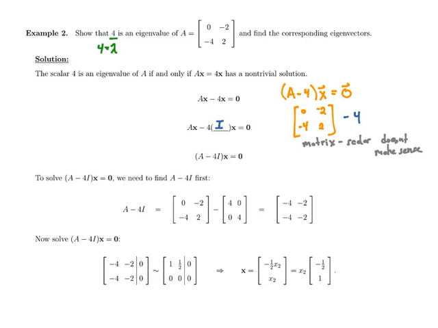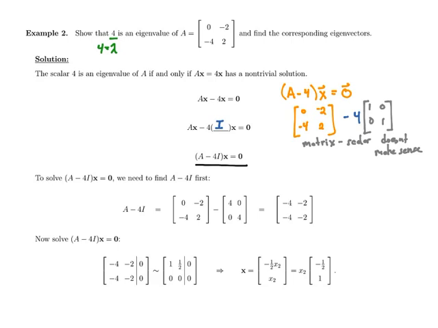So if I have Ax minus 4 times Ix, and then instead I factor out the x, so I have (A minus 4I) times x equals 0, now that makes sense because now I'm not just subtracting a scalar, I am subtracting a scalar times the identity matrix, which gives me a matrix on its own.